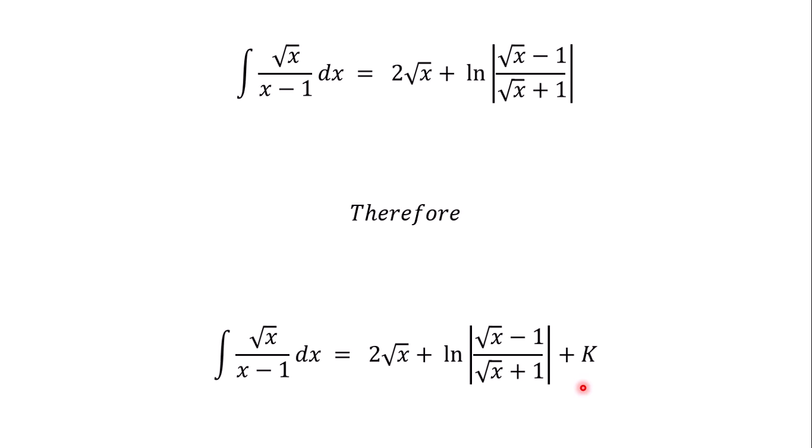But generally, we normally use c. Just that because I've already used c, I decided to bring k there. So the answer to this integral is 2 square root of x plus ln absolute value square root of x minus 1 divided by square root of x plus 1 plus k. This means we are done.